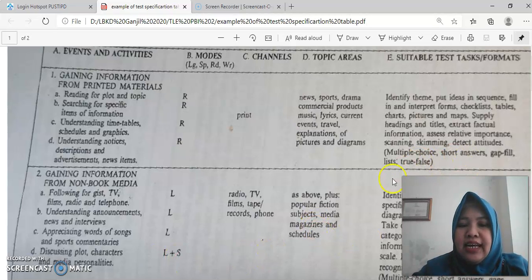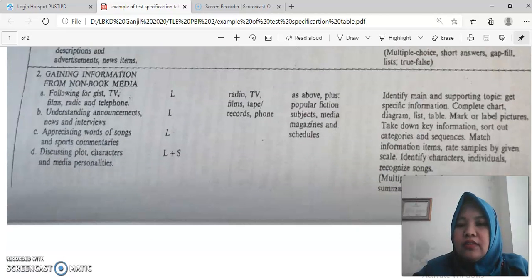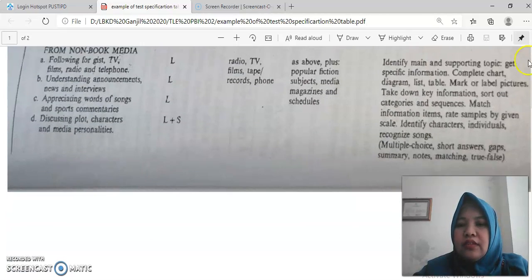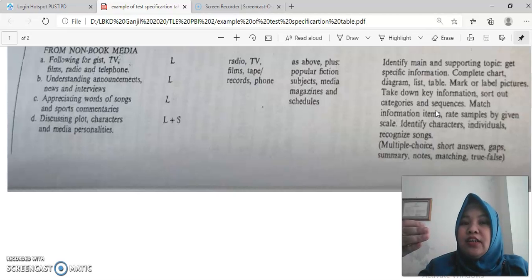And for the topic area, once again you have to cross-check your syllabus to test your school students. For the combination of listening and speaking, the test is mainly about speaking, because once you discuss, it means you have to listen first, right?